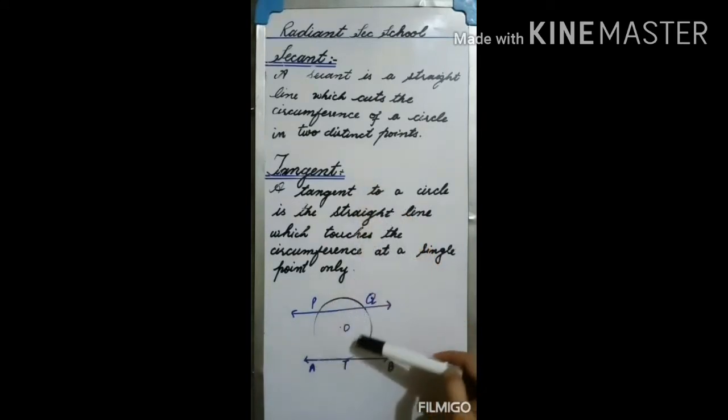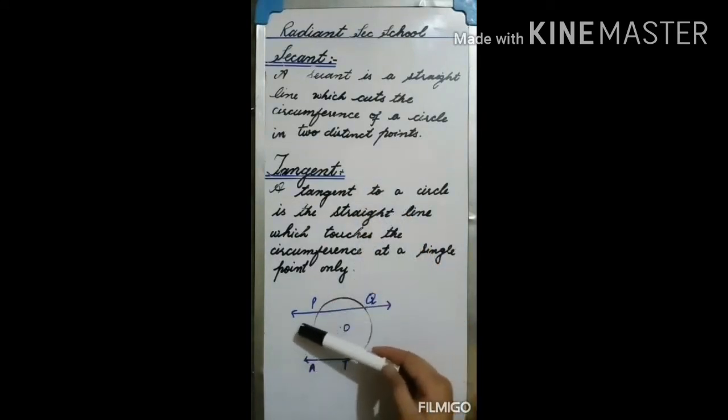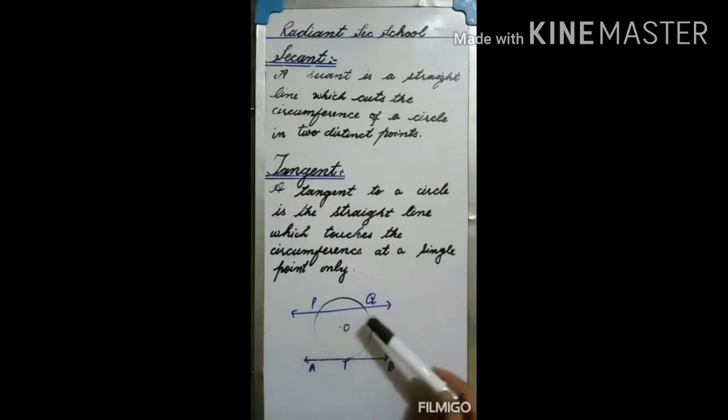Here, if we are having this circle and this line is intersecting the circle at 2 points, one of the points is P and the other point is Q. So such type of line is called secant.